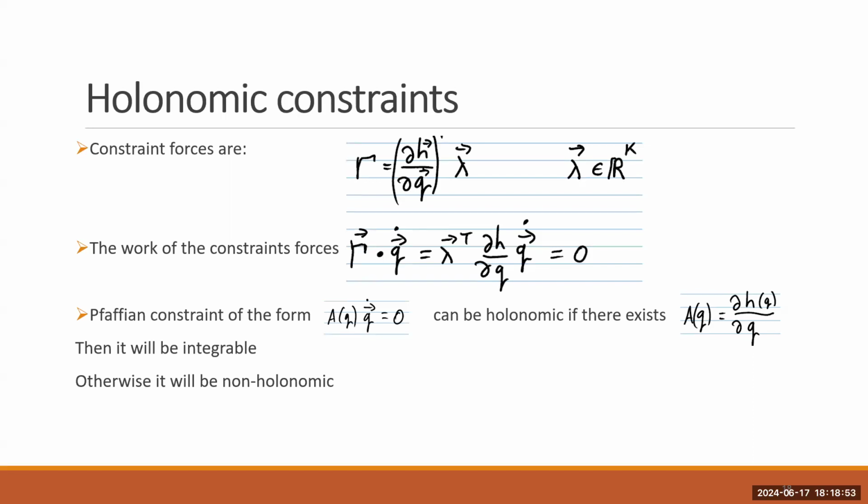Taking the transpose of a multiplication is taking the opposite order and the transpose of both. So it's lambda transpose times dh/dq transpose, but dh/dq is a symmetric matrix, and therefore the transpose is the same, because it's a Jacobian matrix.